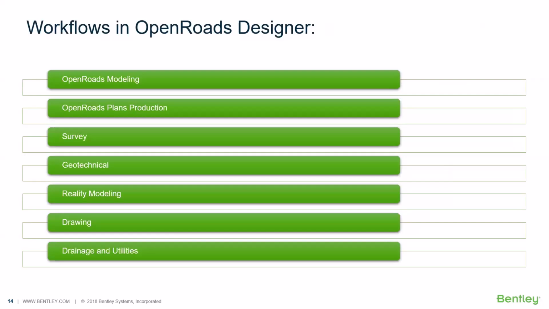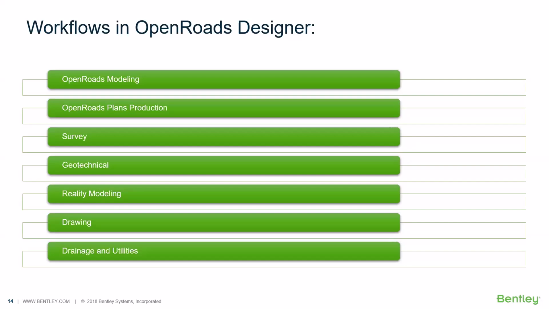But if I switch it to reality modeling, I get tools which are more focused on bringing in data from LiDAR, from point cloud, any reality meshes. Similarly, I have the geotechnical workflow to fetch data from geotechnical information and use it ahead.